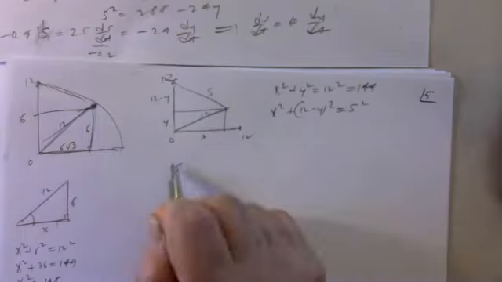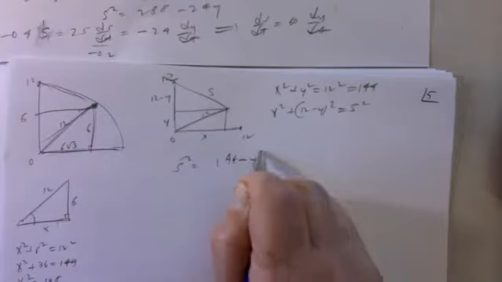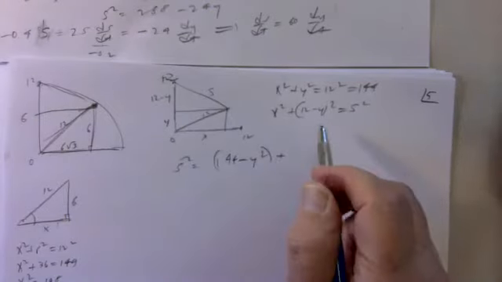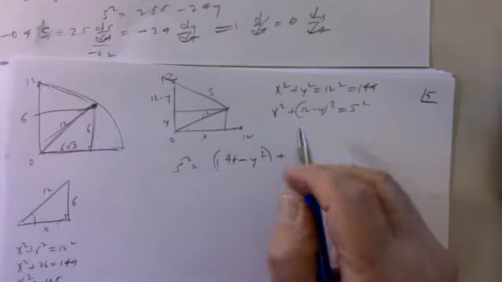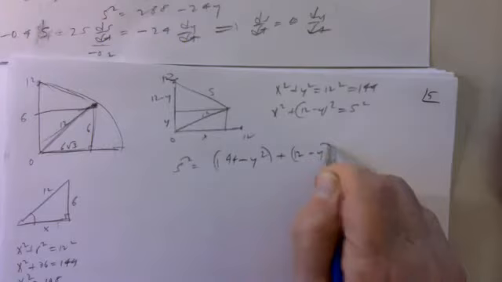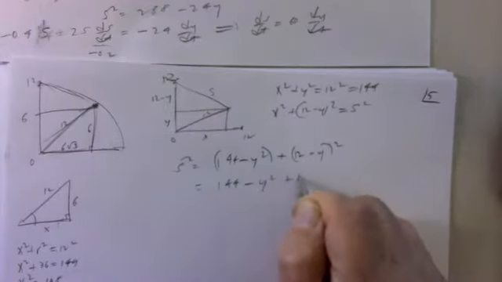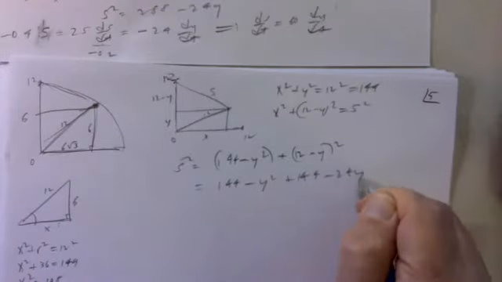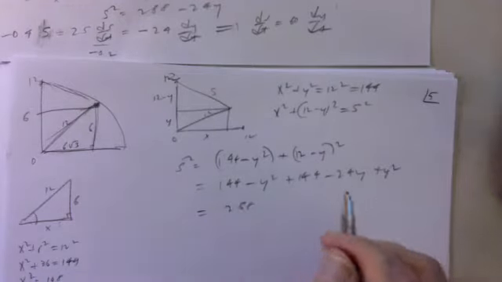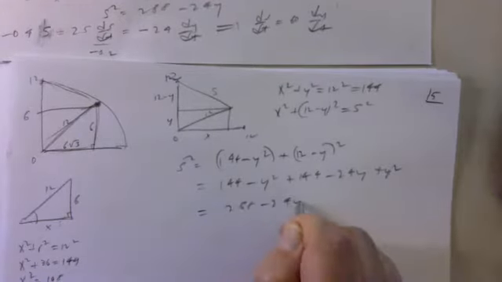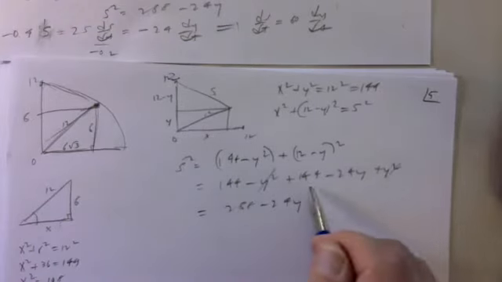So we have s squared is x squared. X squared is 144 minus y squared, plus (12 minus y) squared. That's 144 minus y squared plus 144 minus 24y plus y squared. That's 288 minus 24y, because these two cancel and these add.